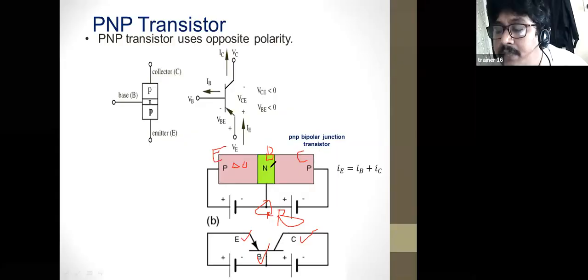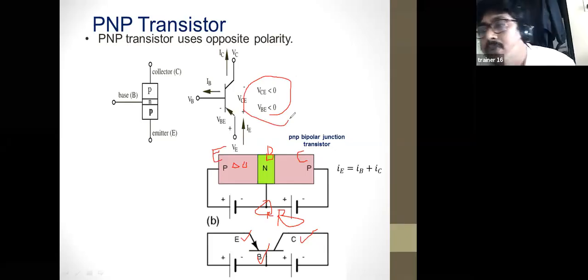Only 5% of holes from the emitter are attracted towards the N type, because the base is lightly doped or thinly doped. The remaining 95% of holes from the P type emitter are transferred towards the P type collector. That means it allows a negligible current, less than 0, for both the voltages.